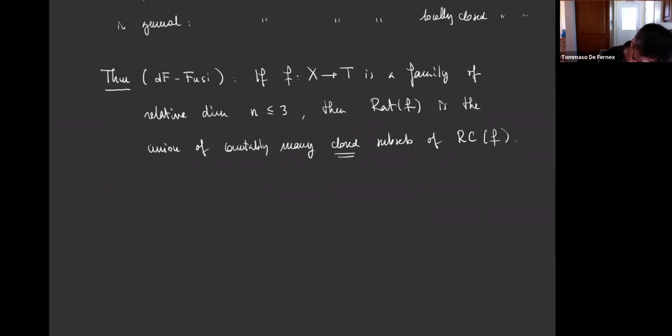So we deduce this from the following specialization theorem. Again, we already know there's some countable constructibility of this locus. And now what we need to do is to prove a specialization theorem when the central fiber is rationally connected. So let me say this next.